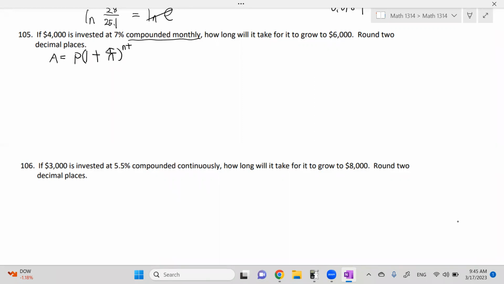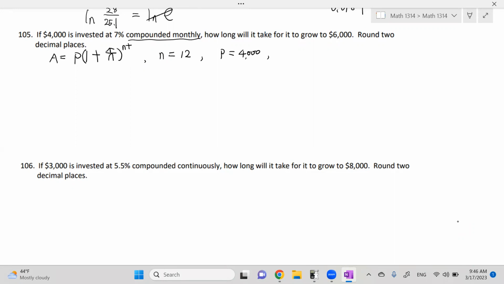So we are using this formula. What is the n if we compound monthly? How many times do we compound a year if we compound monthly? 12, because there are 12 months a year. Let's find more information from the question. We have 4,000 is invested. That means 4,000 is the principal or initial amount we call P. P equals 4,000.